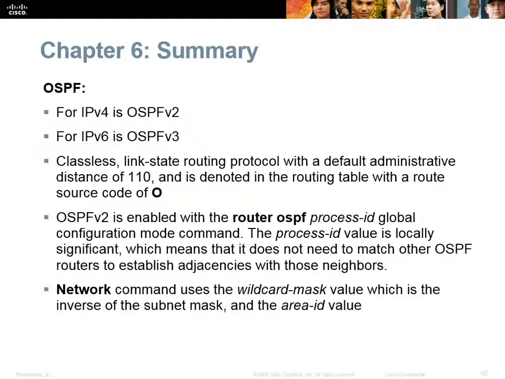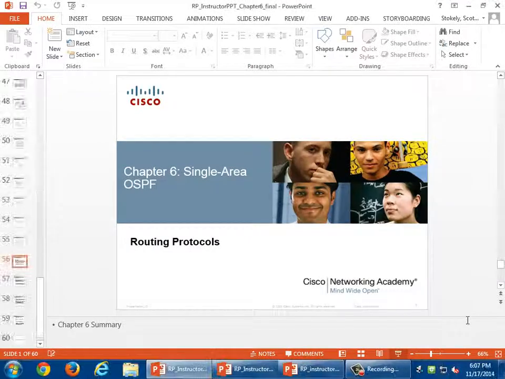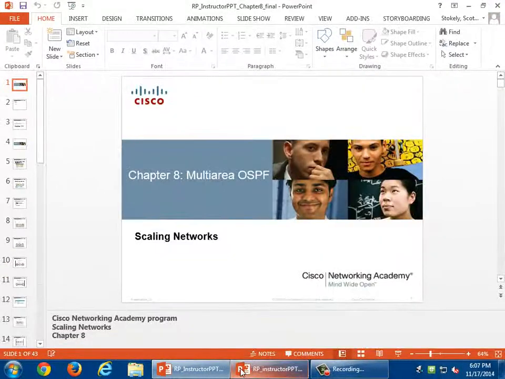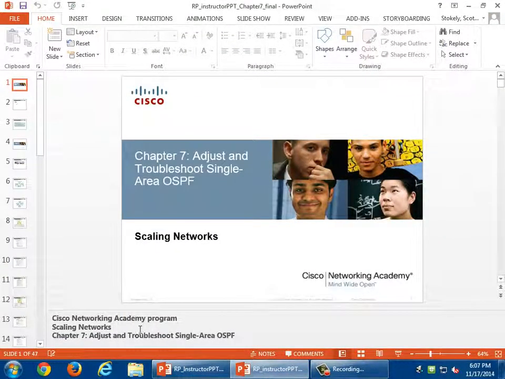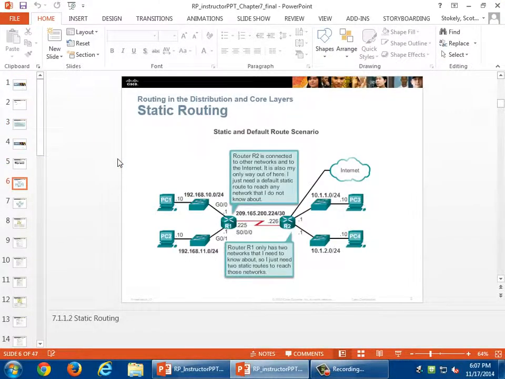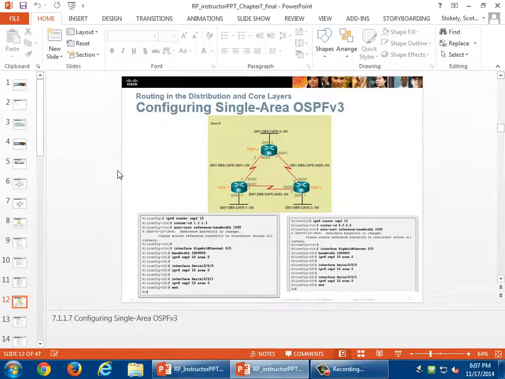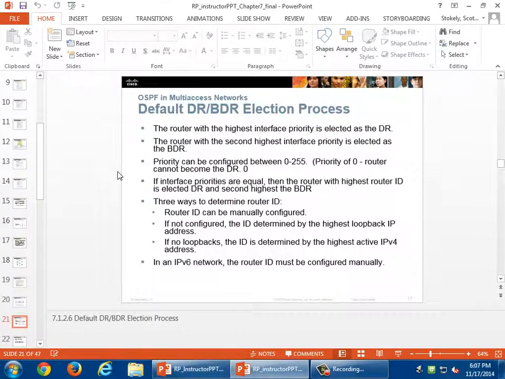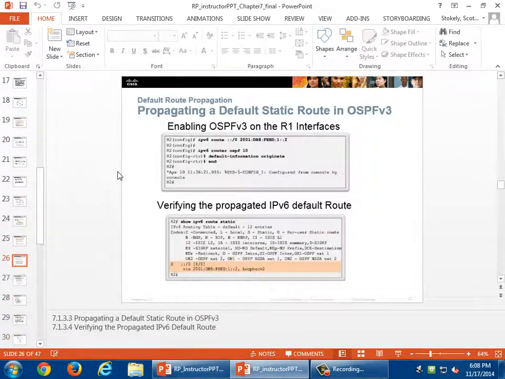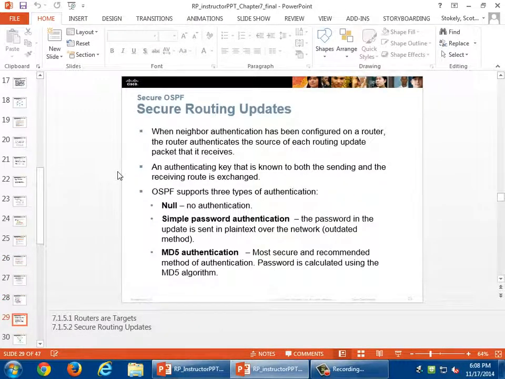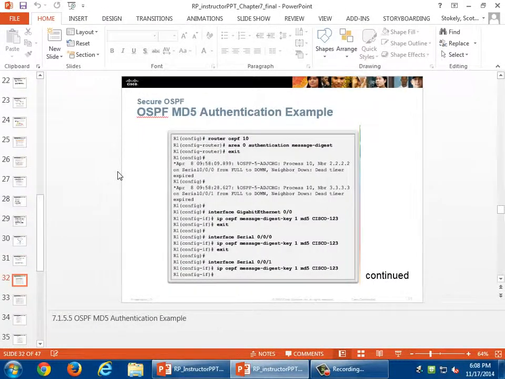All right. Let's go to... I'm not going to let you troubleshoot it. We don't really need to, I don't think. Let me look through real quick. Static routing, y'all know all that. I started talking about the election process, secure routing updates.